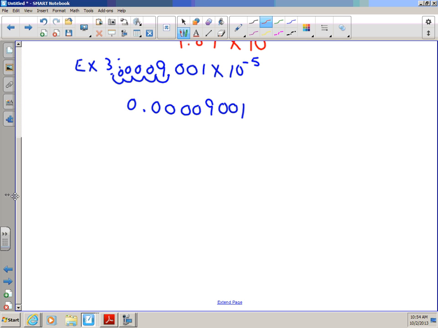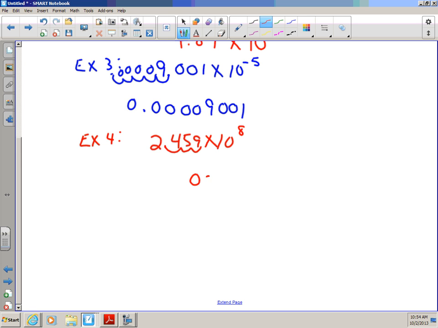Similarly, if I have the number 2.459 times 10 to the 8th, the exponent of 8 is telling me the number is going to get much larger. So I'm going to move my decimal. So far I've moved 3 spaces out of the 8.